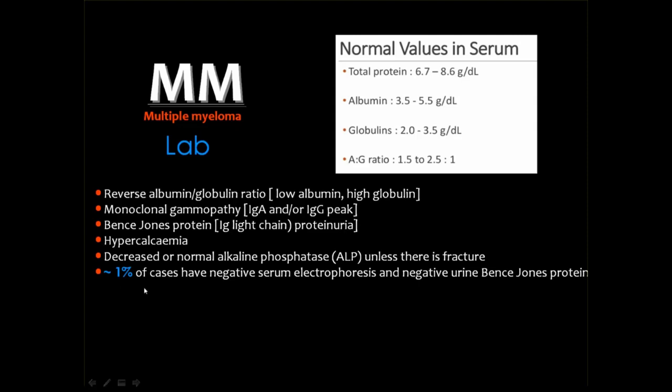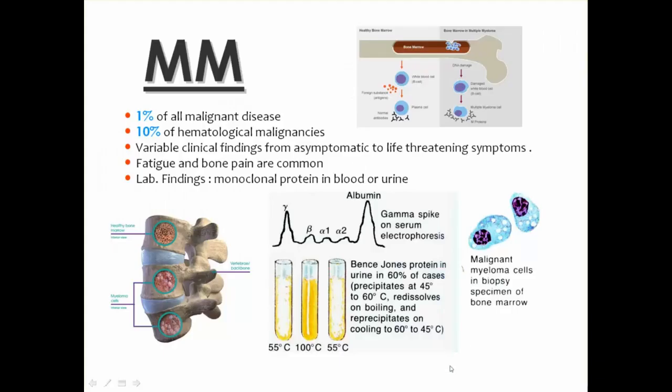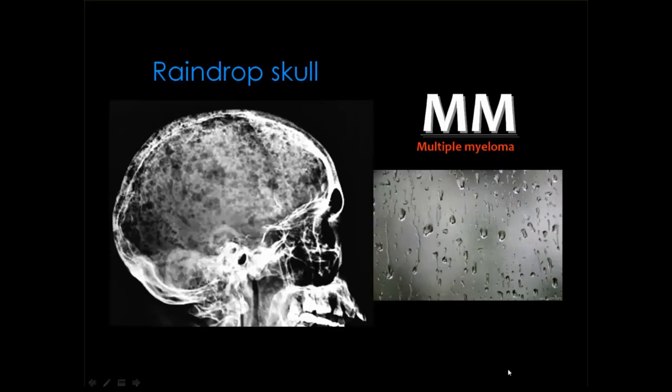And about 1% of the cases have negative serum electrophoresis and negative urine for Bence Jones protein. Multiple myeloma represents 1% of all malignant disease and 10% of hematologic malignancies, and I have mentioned the clinical appearances and also the laboratory findings.